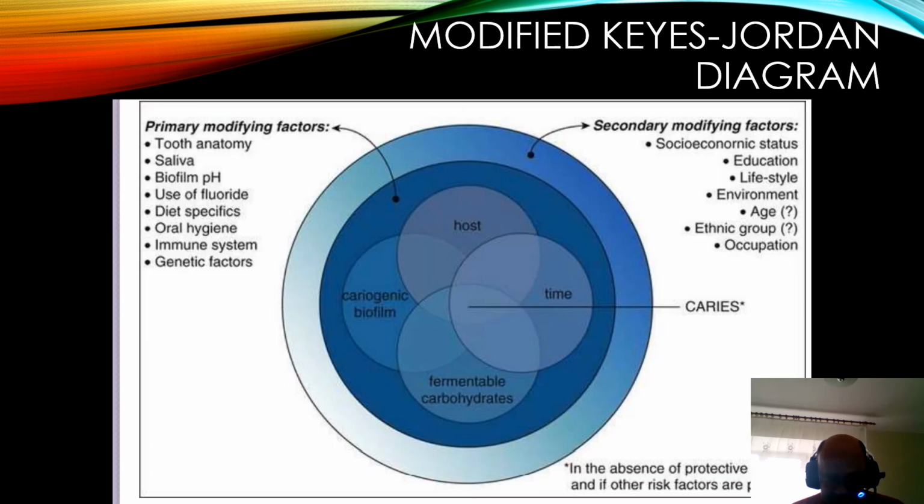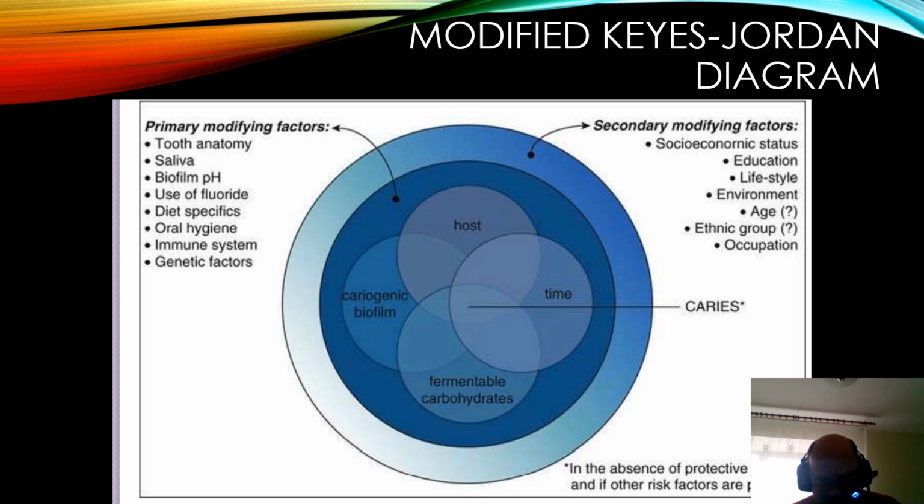This diagram shows correlation and interrelationship between different factors. Outer layer, the secondary modifying factors, but internal layer, primary modifying factors.